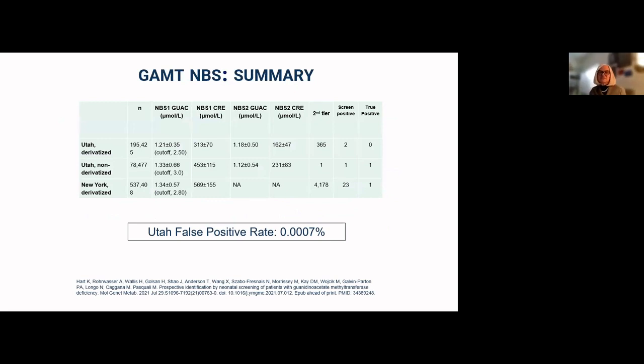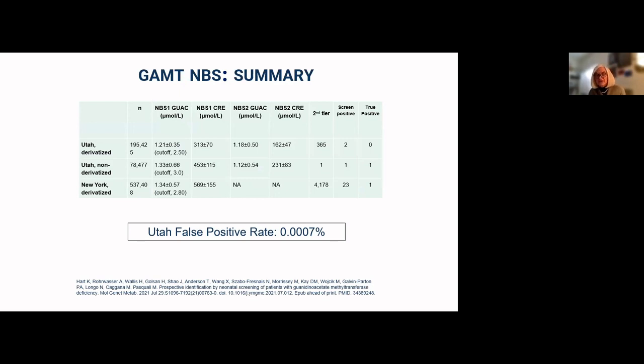This is the summary of the newborn screening for GAMT deficiency from a paper that we published last year. We identified a patient with GAMT deficiency after screening roughly 260,000 to 270,000 babies.